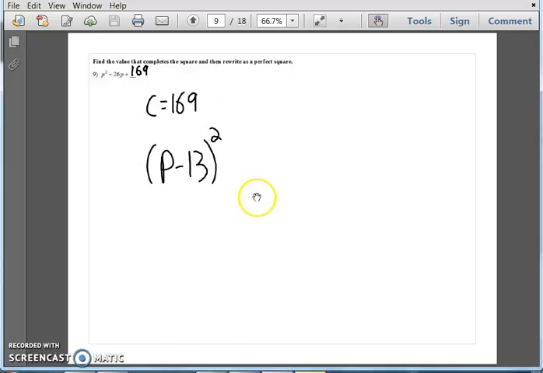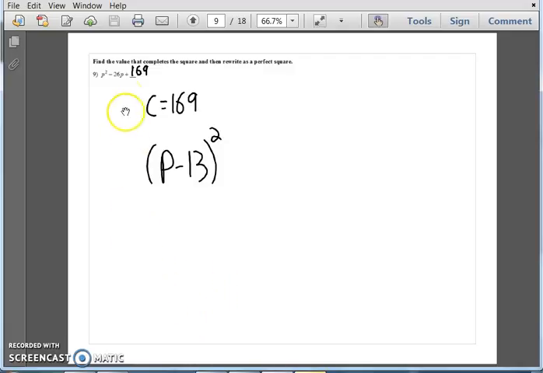Now we are going to complete the square. When I complete the square, what I end up doing is I cut b in half and square it. There's my b value. Because the directions say find the value that completes the square, and then rewrite as a perfect square. So when it says find the value that completes the square, here's a hint, you should be using completing the square.